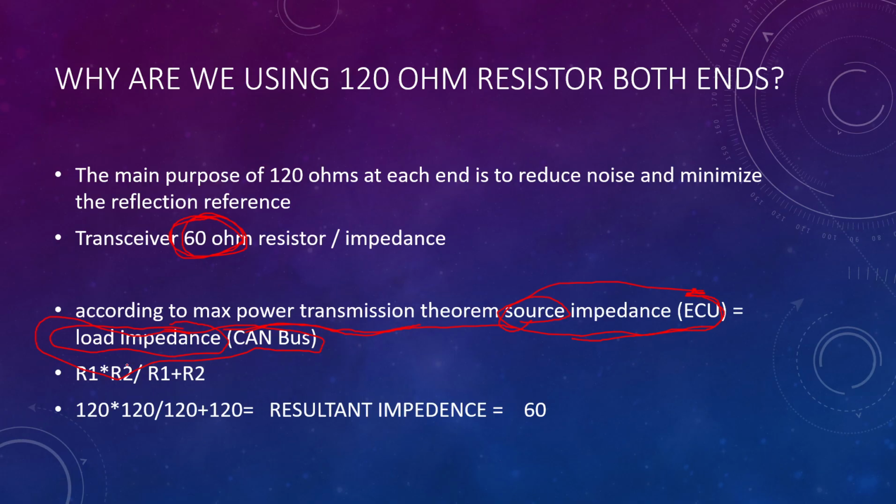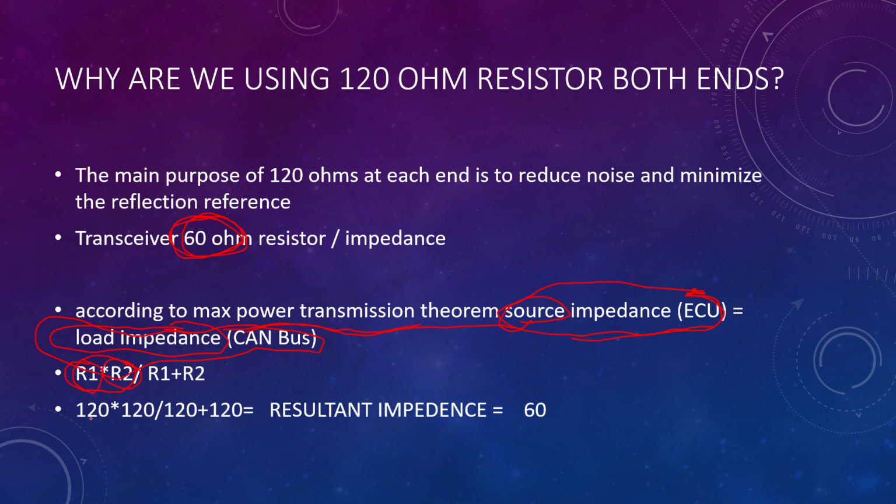So here, R1 into R2. R1 is resistor 1 and this is resistor 2. So R1 R2 by R1 plus R2.